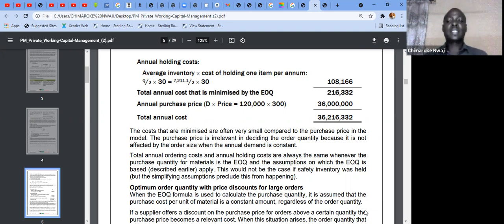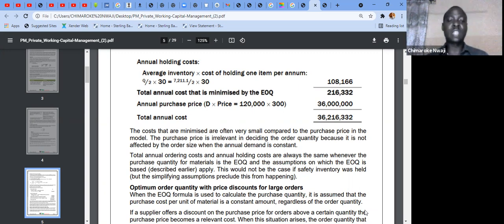we said this assumption is not always occurring because sometimes some people want to hold safety inventory because they cannot predict what can happen. Some of the limitations of this EOQ model are that you envisage that your demand is constant, the rate of depletion is constant, and you know your lead time, and it is constant and known.